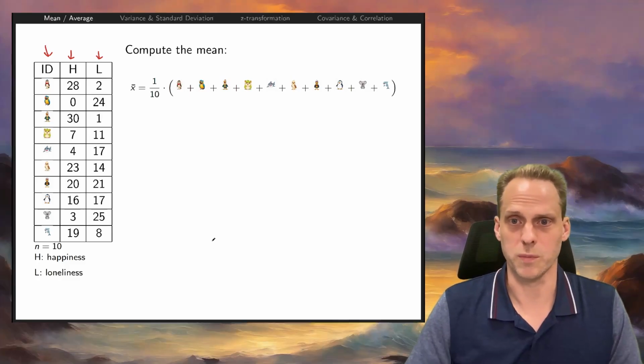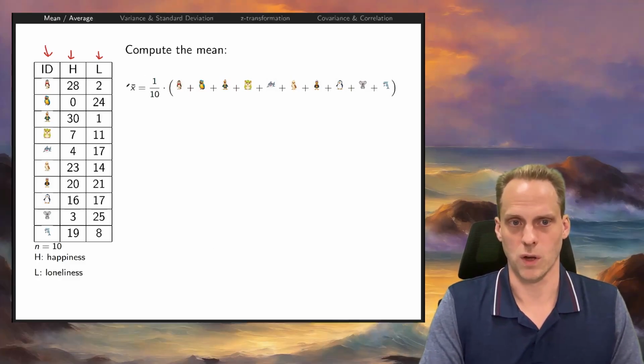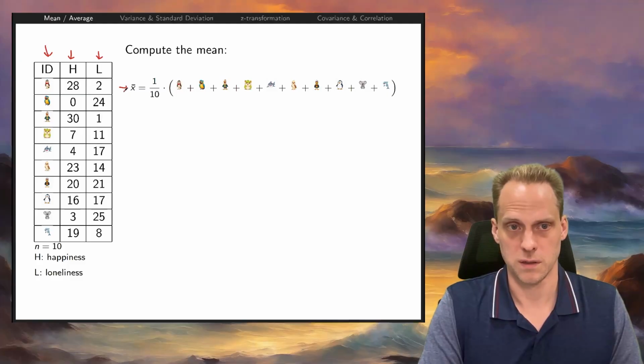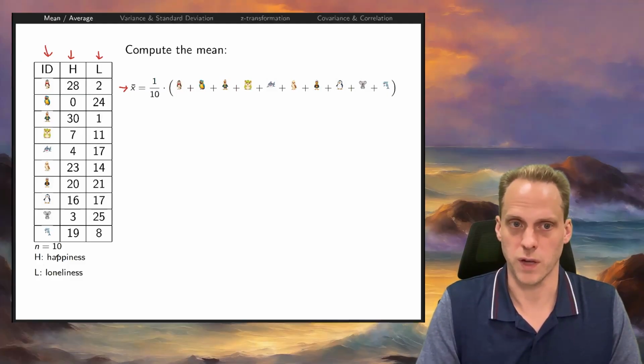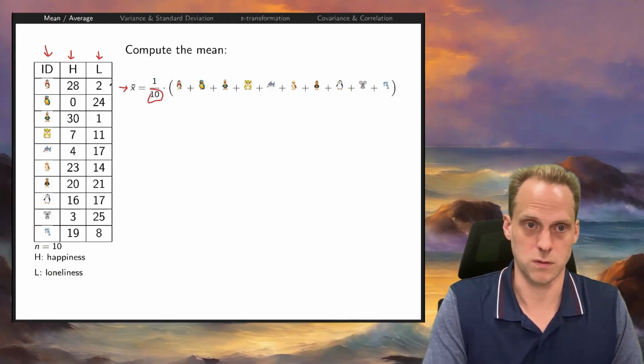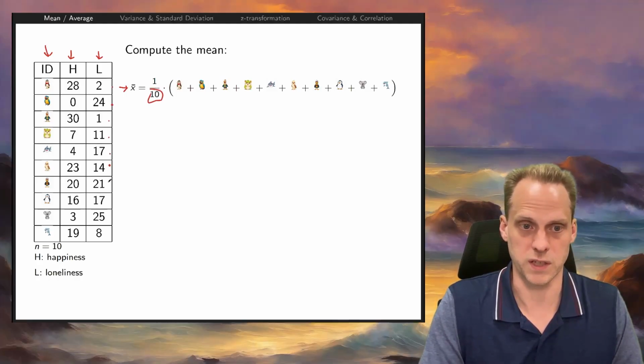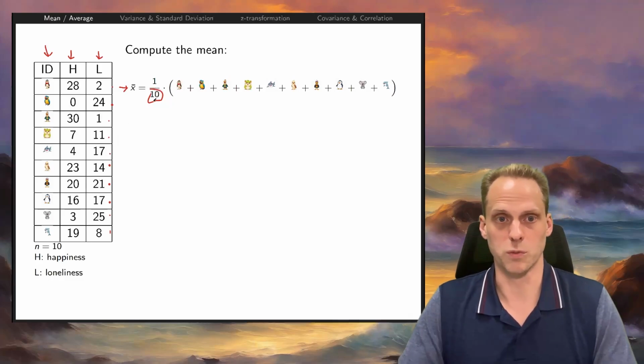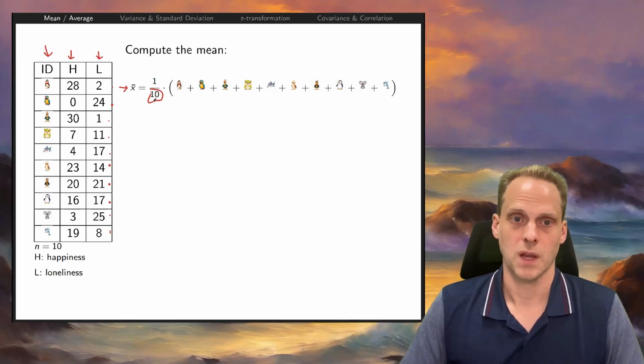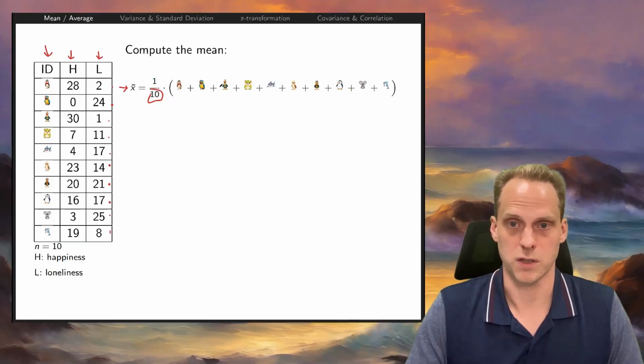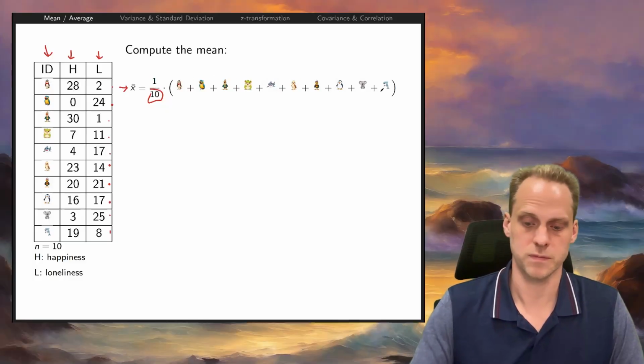Okay, so now how do we compute the mean? Well, to do that, x bar, the mean of some variable, x will be h or l, happiness or loneliness. We have 10 observations, right? So 1, 2, 3, 4, 5, 6, 7, 8, 9, 10. 10 observations. So we're going to multiply by 1 over 10. And then we have the scores of all these subjects.